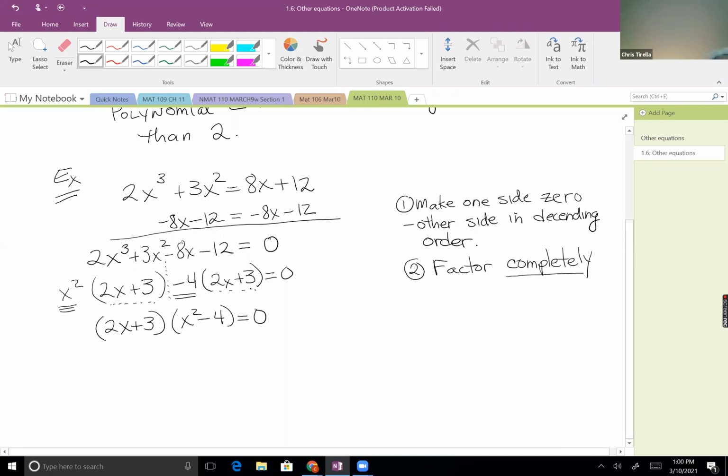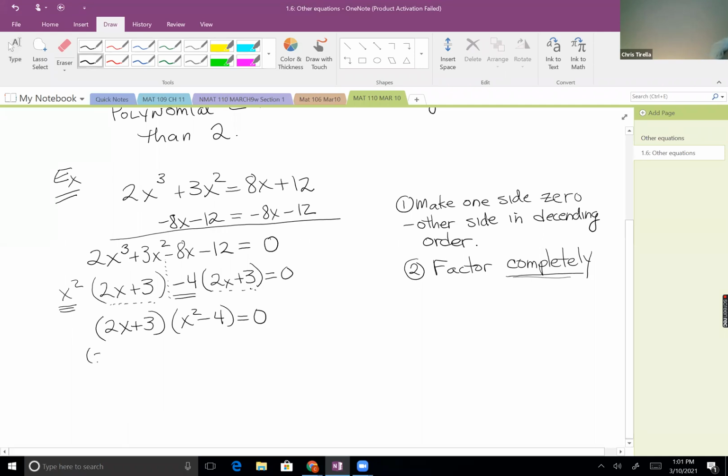But wait a minute. We said factor completely. Can we factor that anymore? Not that I see. No, I don't think we can factor 2x plus 3. But how about x squared minus 4? They're both squares, and there's a minus sign in the middle.